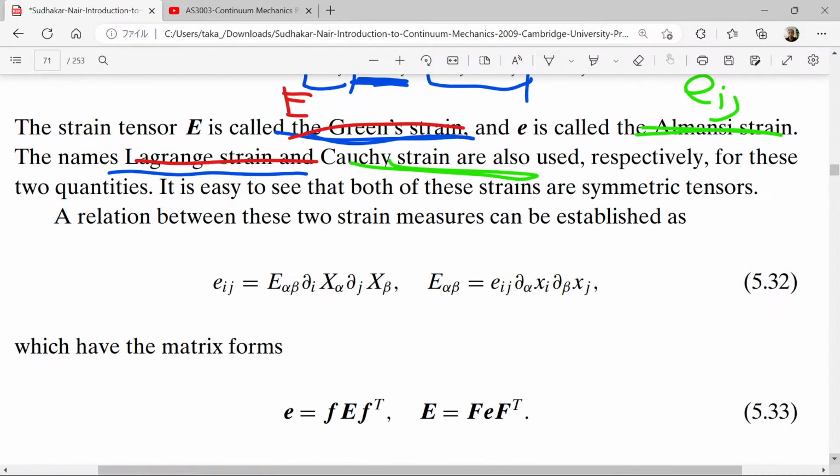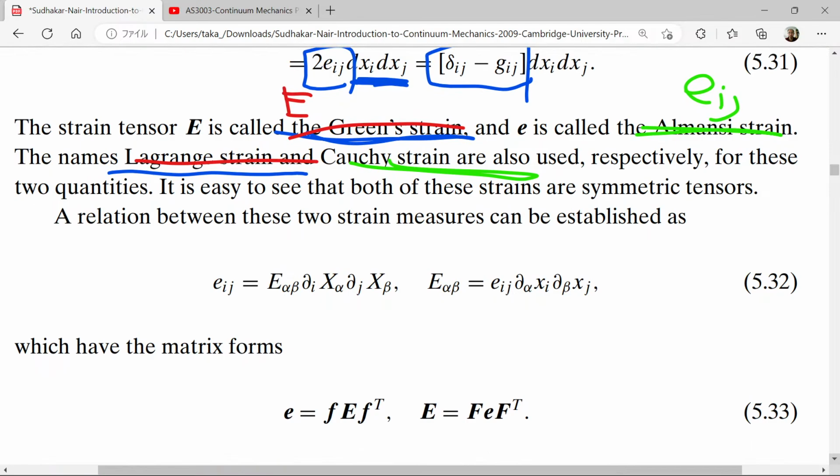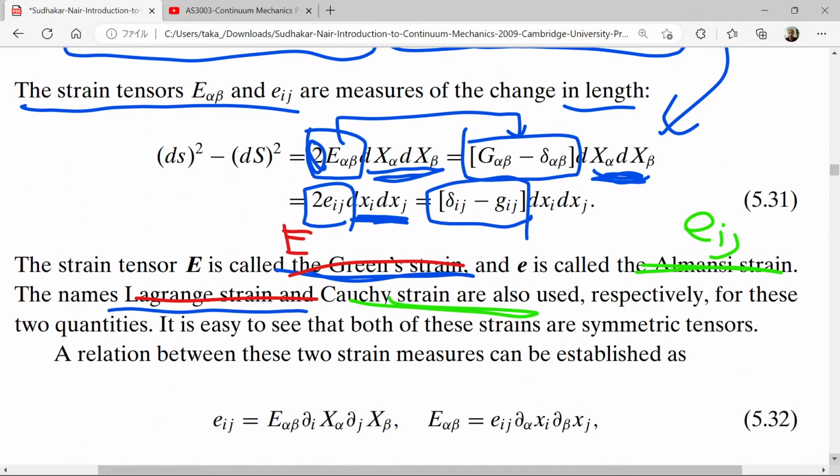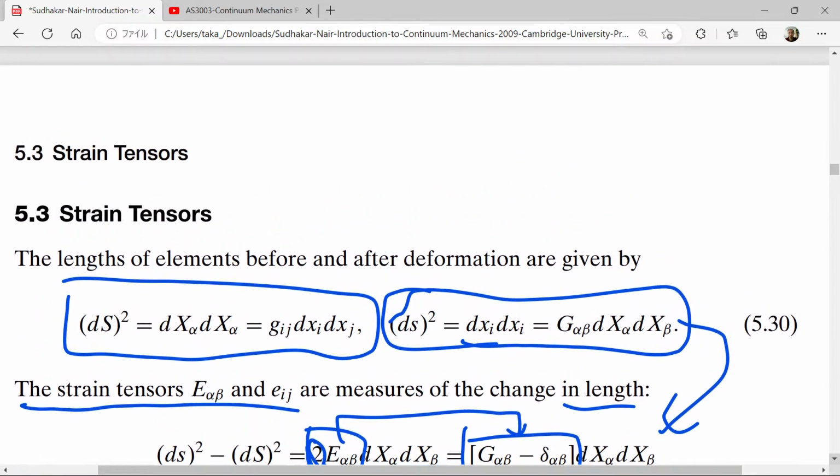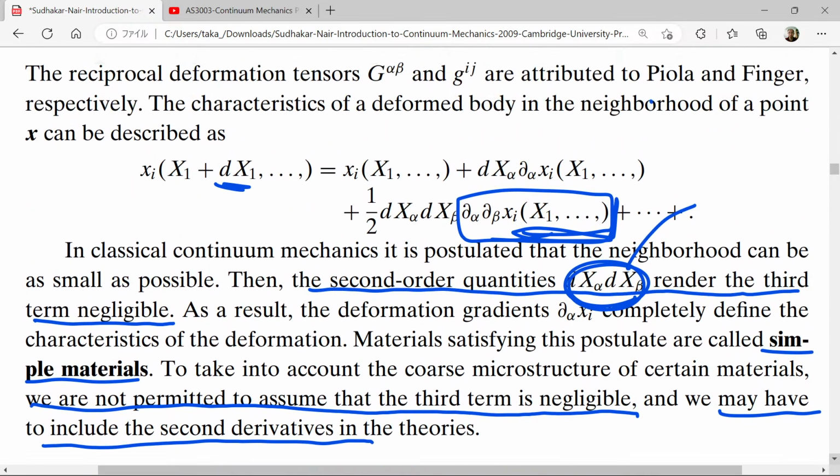Anyway, for these, it is easy to see that both of these strains are symmetric tensors. I don't know if it is easy. I would skip the check whether it is symmetric or not symmetric. See, the point is, is G symmetric? That's a question.